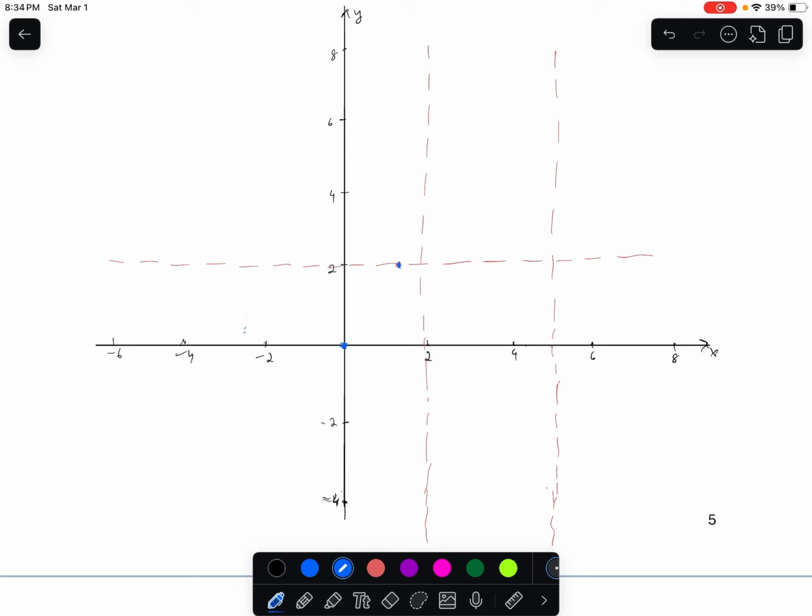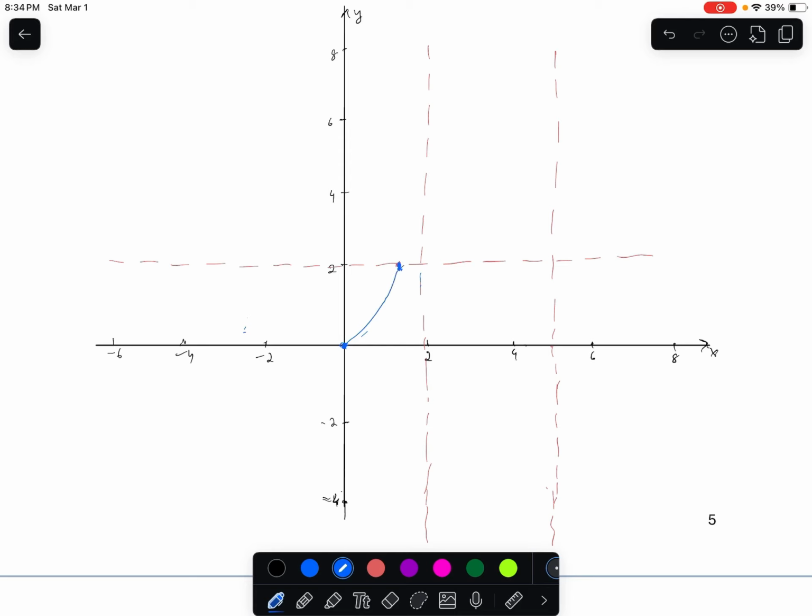Now we have that the graph is going to cross the horizontal asymptote over here. Also, we know that the function is positive between 0 and 2. It has to be above the x-axis. So what do you think if it's something like this?